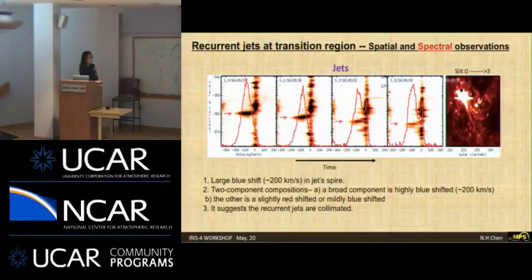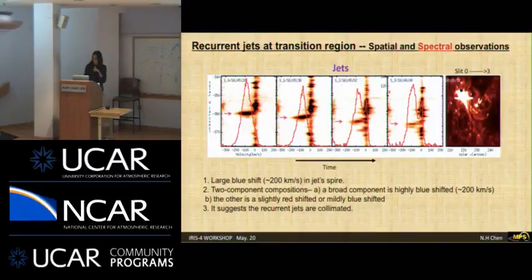And because the slit is crossing like this, starting from the root of the elongation away to the tail of the elongation, we can see two components that you usually see on all jets. I just take one example of this recurrent jet. So the spectral line just tells you that this jet is very simple, co-aligned, straight and untwisted.